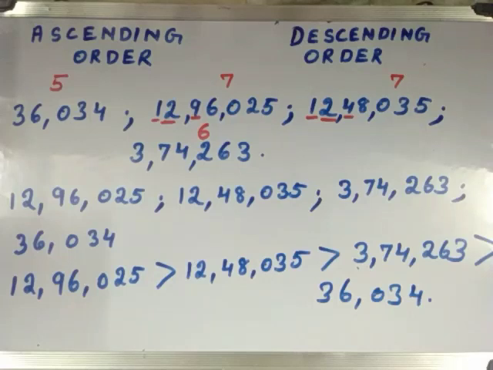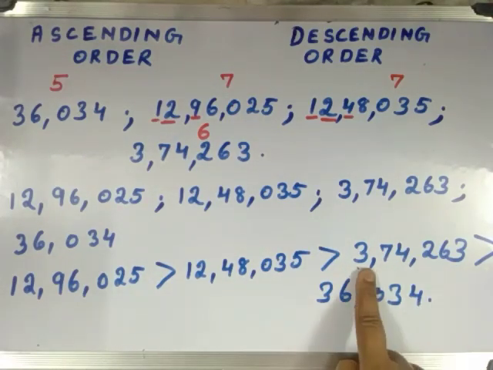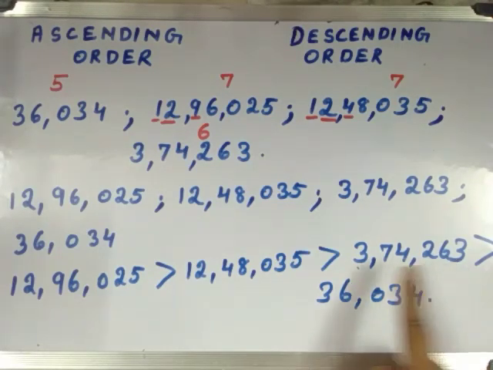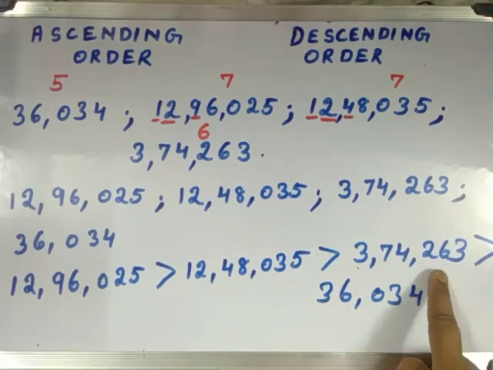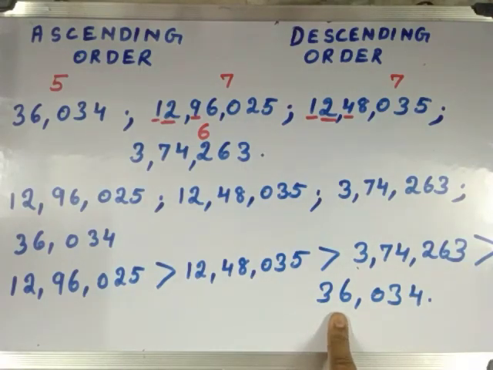12 lakh 96,025 is greater than 12 lakh 48,035. 12 lakh 48,035 is greater than 3,74,263. 3,74,263 is greater than 36,034.